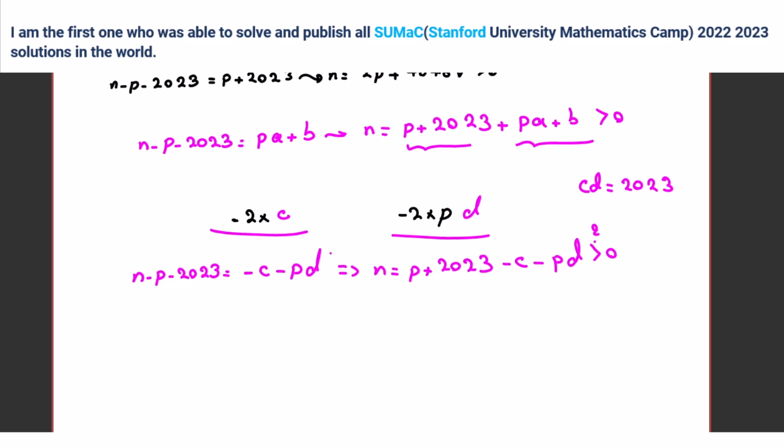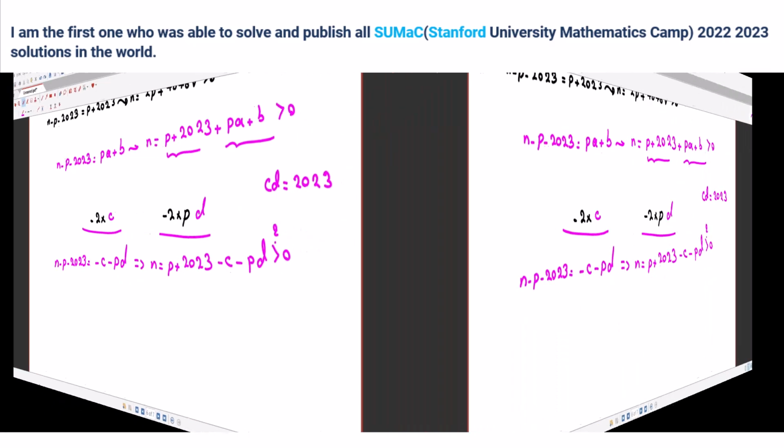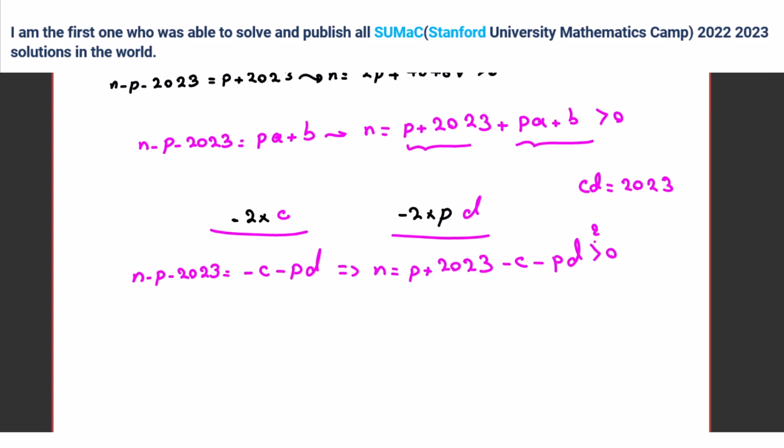We want to reach a contradiction, okay? So try to reach a contradiction first on your own. For this case, it's not hard. So if d is greater than 1, it's definitely not positive, because p is greater than 2023, it's definitely negative then.